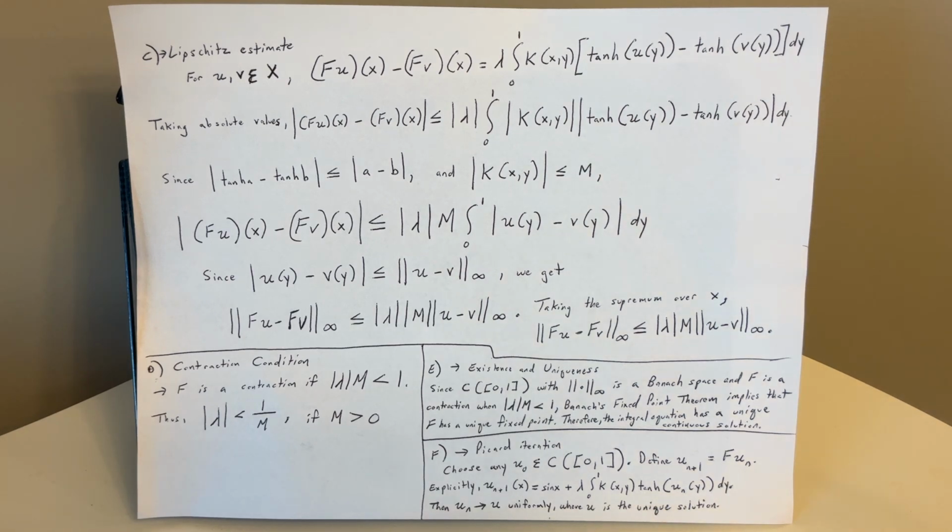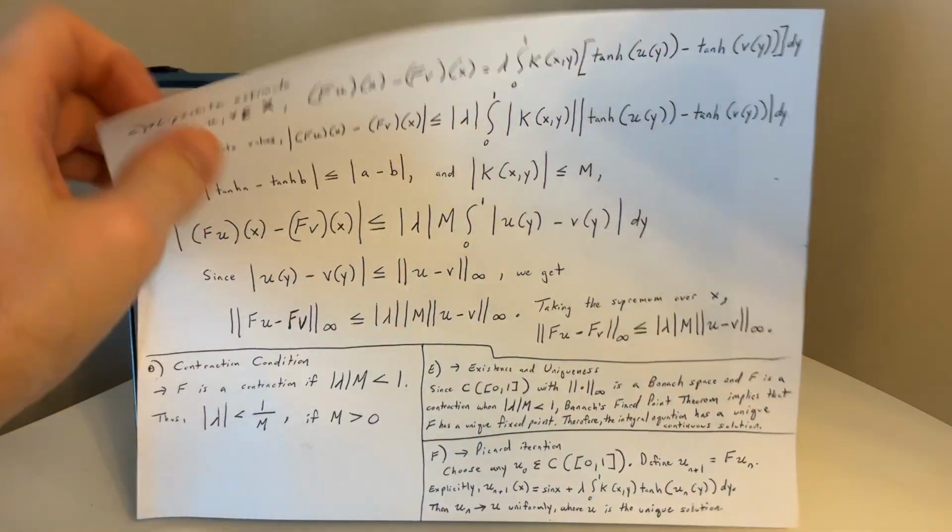And then we can say u sub n goes to u uniformly, where u is the unique solution. Okay, so that's number 4. Moving along now to number 5.